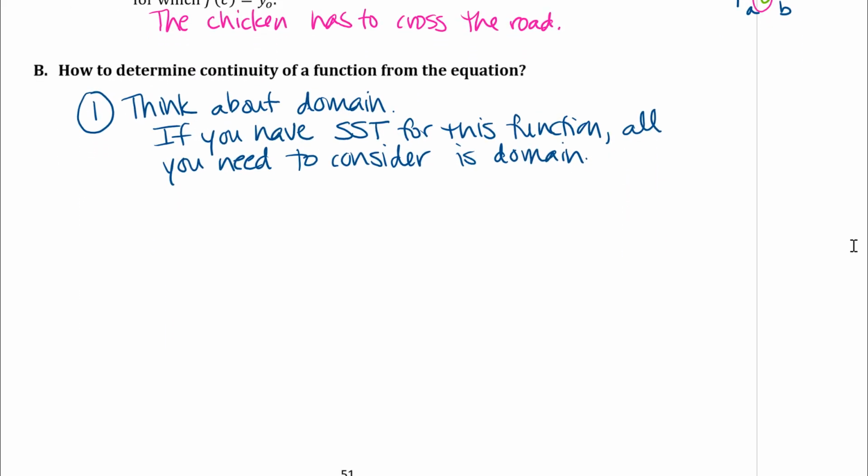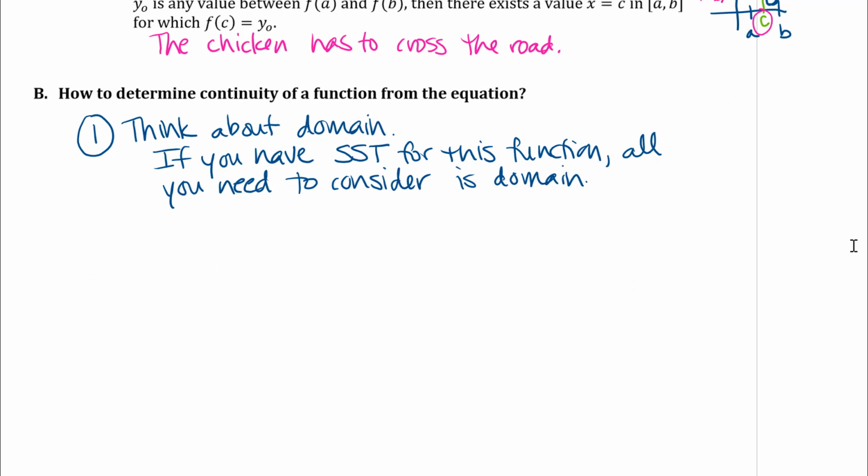Remember that continuity is not really just about domain, but because we have these theorems that connect the limit as x approaches a of f of x to f of a for certain functions, those substitution shortcut theorem functions, then that gives us the power to really just focus on domain for those functions. But there are functions for which that's not the only thing to consider.